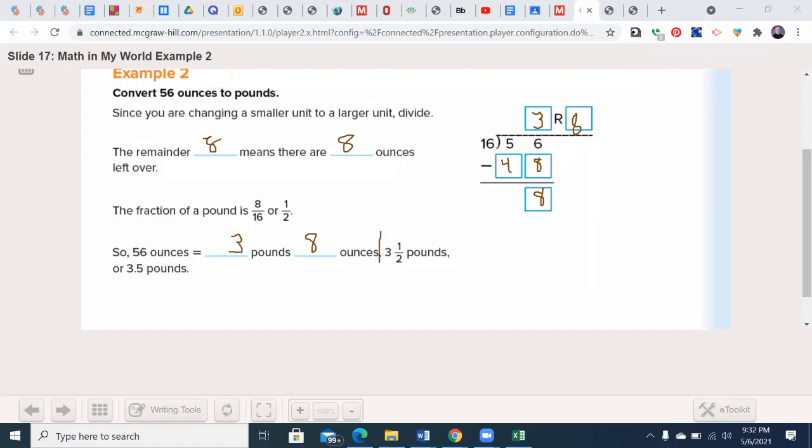All 3 of these are expressing the same thing. It's just a matter of whether you use the multiple labels, whether you use fractions or decimals. Let's go ahead and fill that in. And we'll move forward in just a moment here.